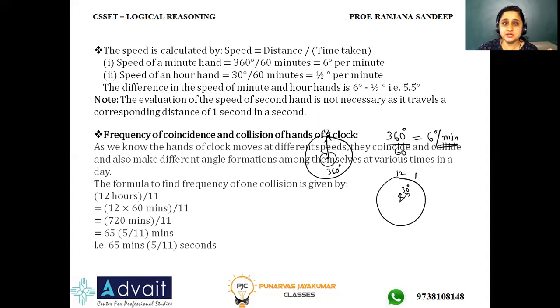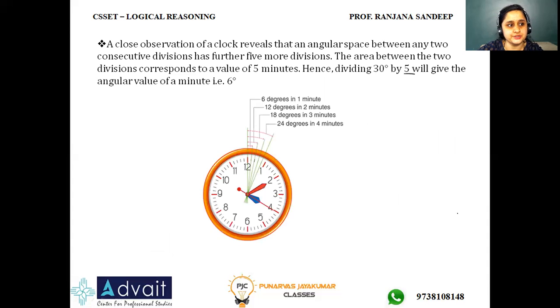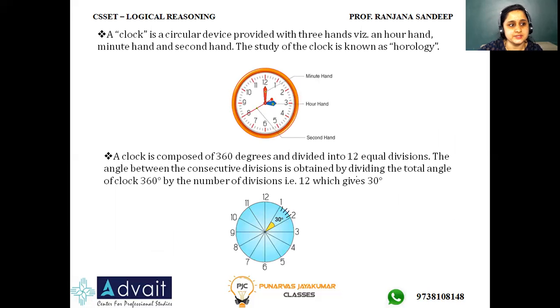For the hour hand, the multiplying factor is 360 by 12, the total angle divided by 12.